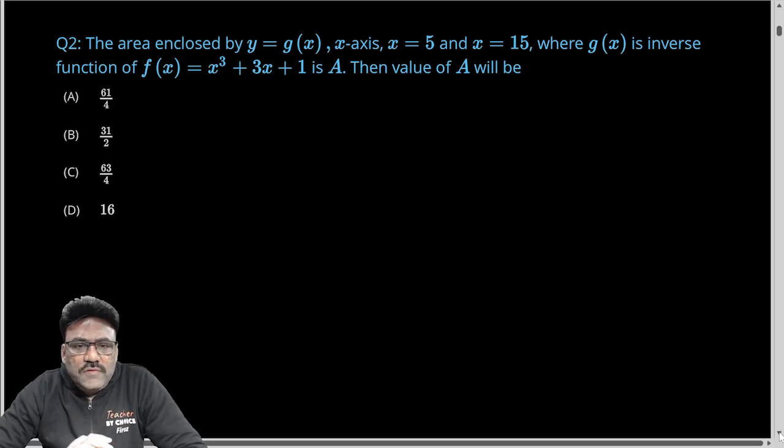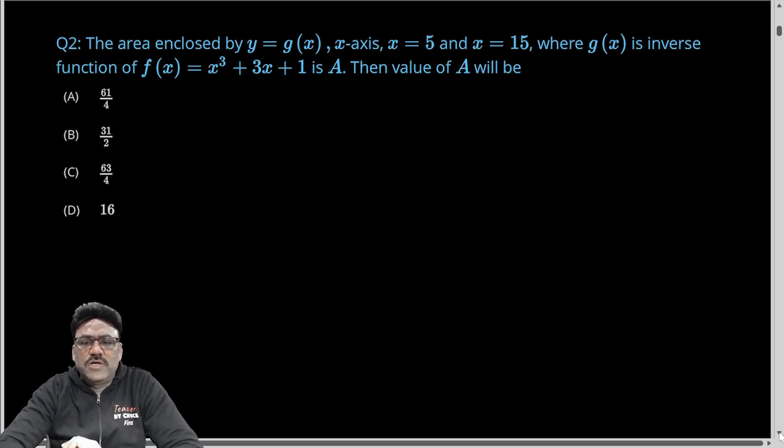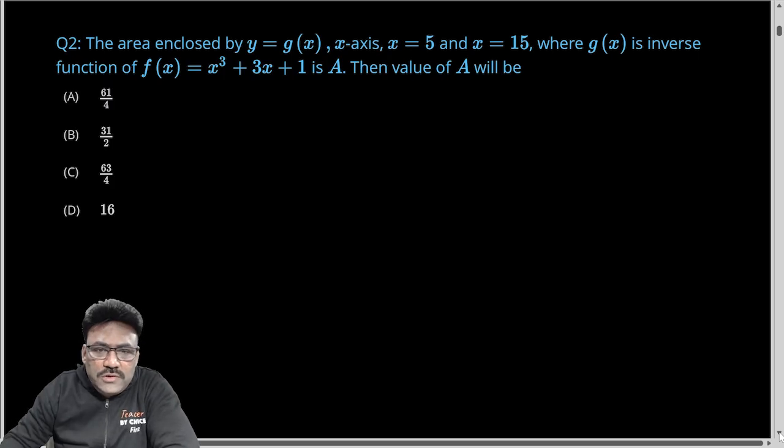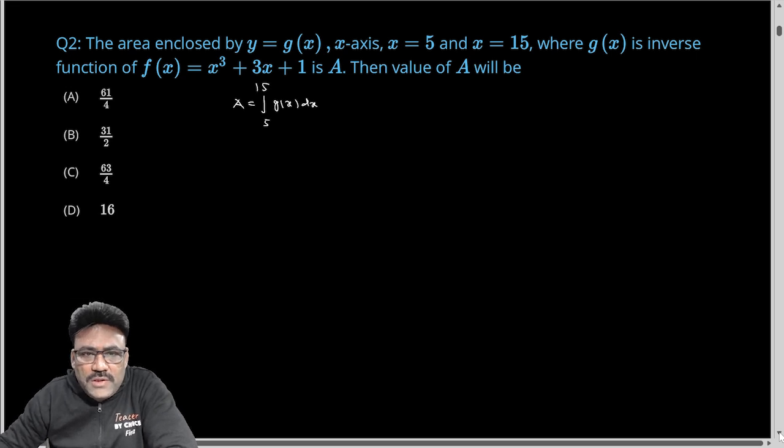Let's see this question. This is from area. You have to find the area enclosed by y is equal to g(x), x-axis, x is equal to 5 and x is equal to 15. g(x) is the inverse of this function and this area is called A here. So basically you have to get A. A is the integral from 5 to 15 of g(x) dx, and g(x) is the inverse of this function f(x).